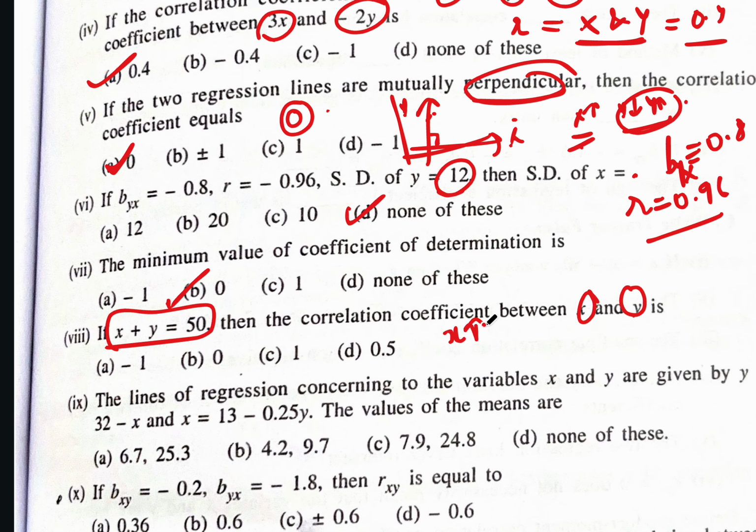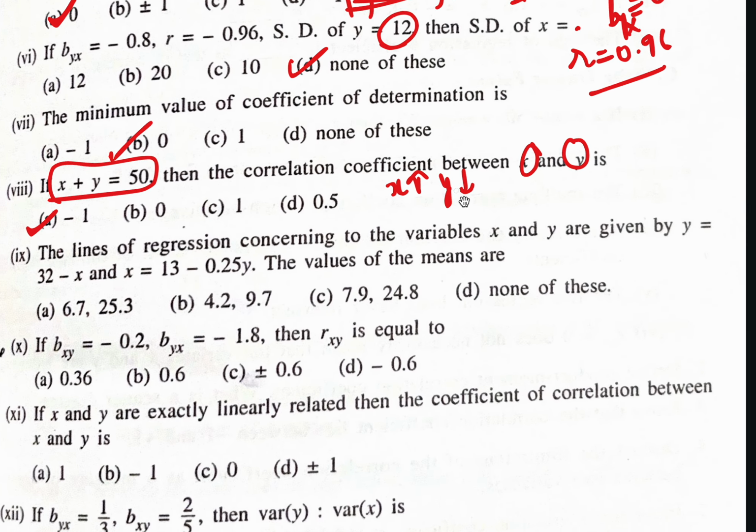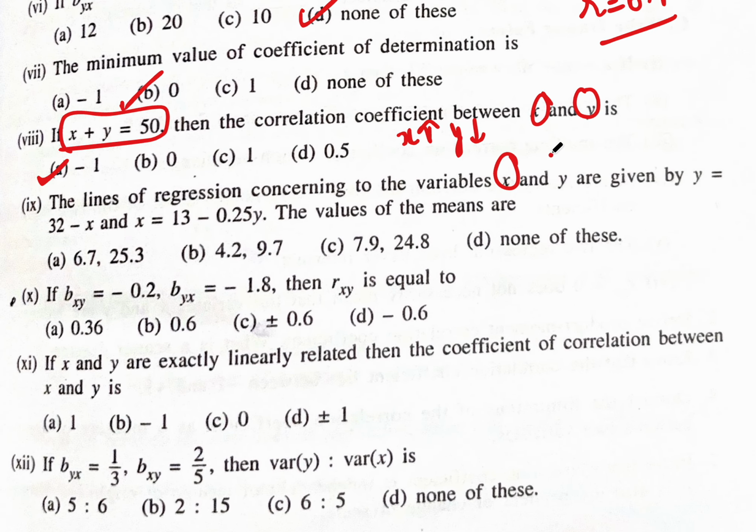For whatever value x will increase, y will decrease. I think the relationship between them is -1. They both cannot be same, so it will be -1. Yeah, it's correct.